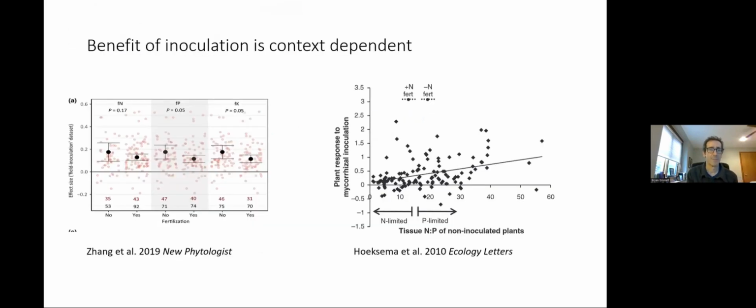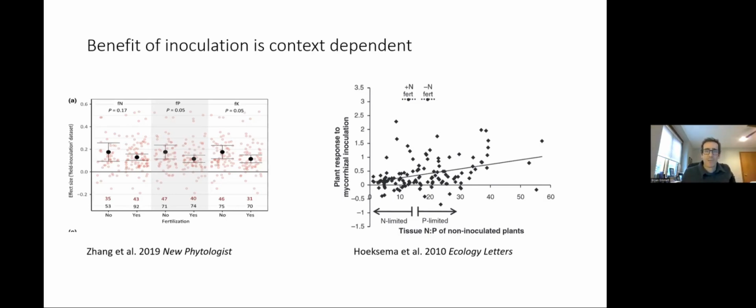There is some context dependency to this, and the greatest benefits were shown where there was no fertilization, particularly no fertilization of phosphorus, though I will say that there were still positive benefits observed even when there was fertilization with phosphorus. And we can think about what's limiting for the plant, not just whether or not it was fertilized that year.